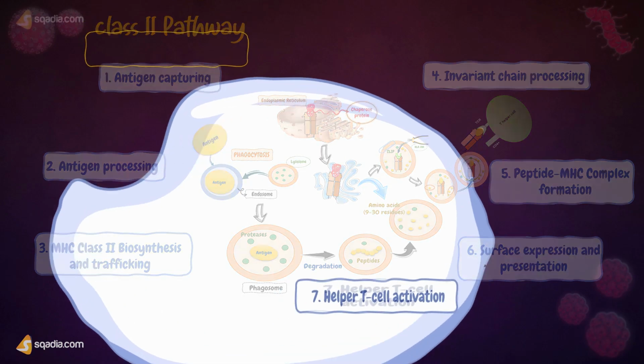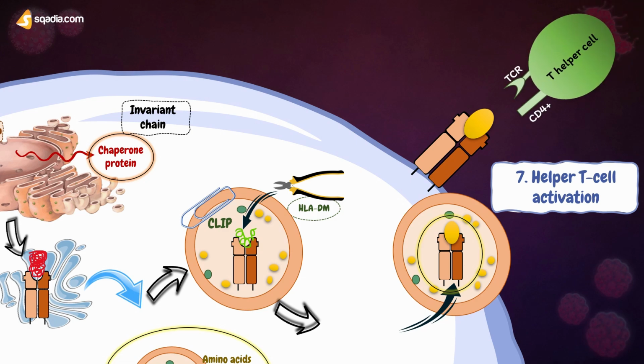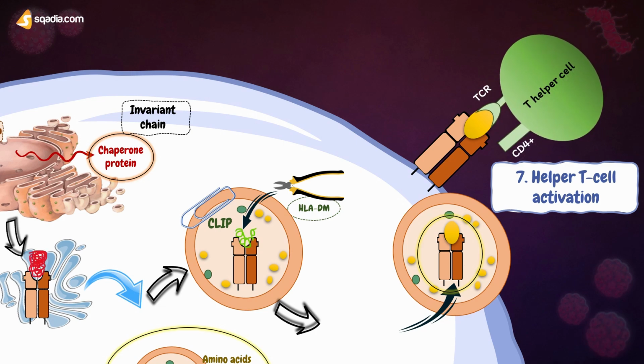Then comes the final step of this pathway, that is the helper T cell activation. We know that MHC molecules present antigen to helper T cells. So, like cytotoxic T cells, helper T cells, or CD4 plus T cells, also possess T cell receptors, TCRs, on their surface that can recognize and bind to specific peptide MHC Class II complexes.